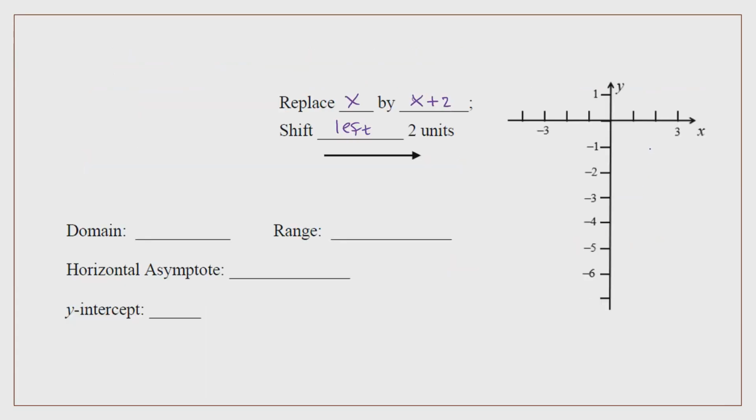So let's label those. We had (2, -e squared), so now we'll have (0, -e squared). Then we had (1, -e), so now we'll have (-1, -e). That's approximately 2.72. Okay.